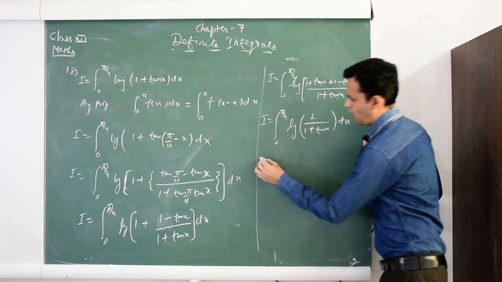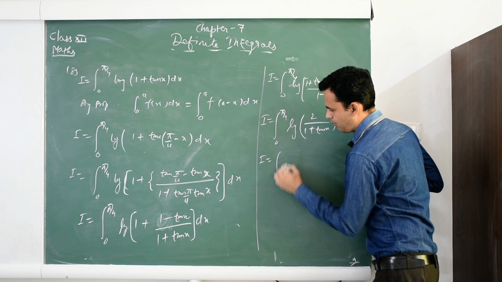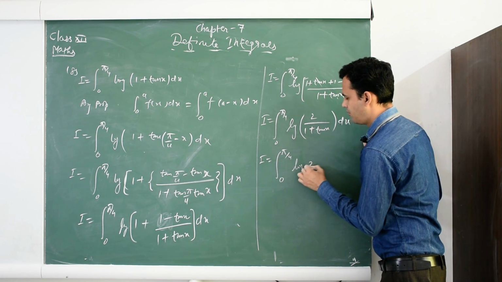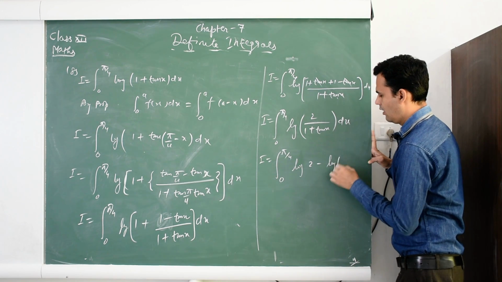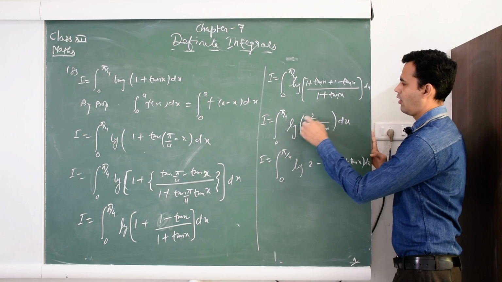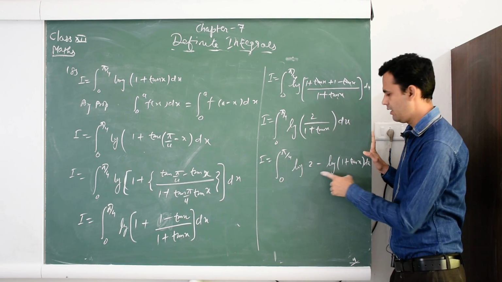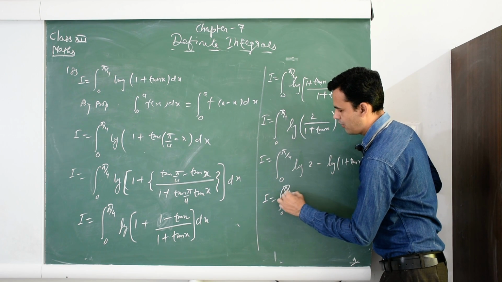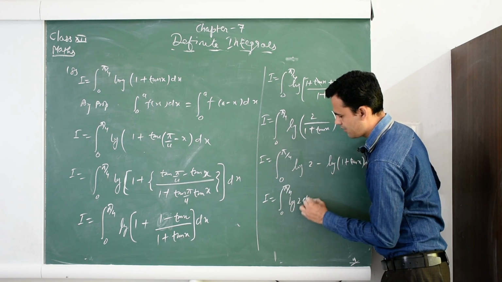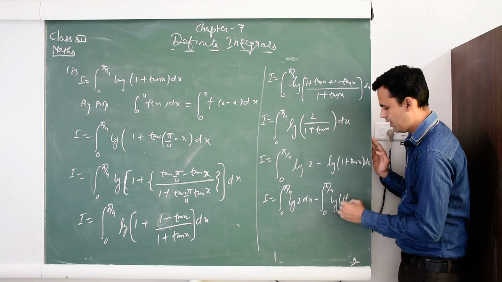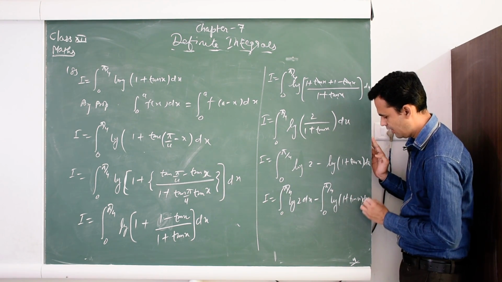Okay. Now by the property, we write log(m upon n) as log m minus log n. So integral 0 to pi by 4 of log 2 dx minus integral 0 to pi by 4 of log(1 plus tan x) dx.